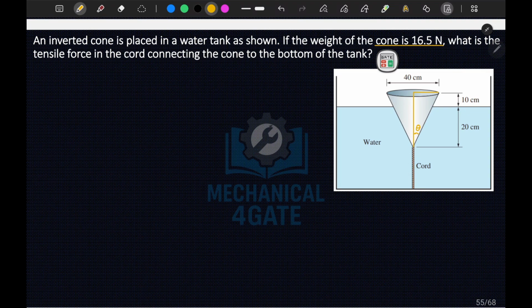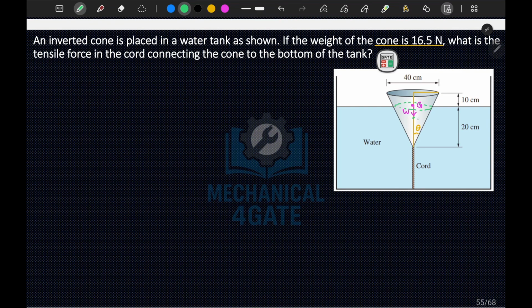Let me place it here. So this is your CG, point G. This is your weight. At this line there will be your water surface line.